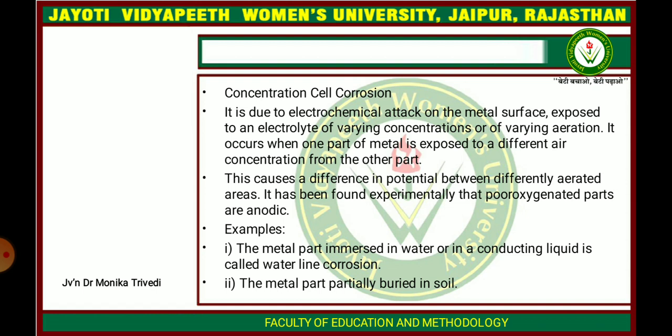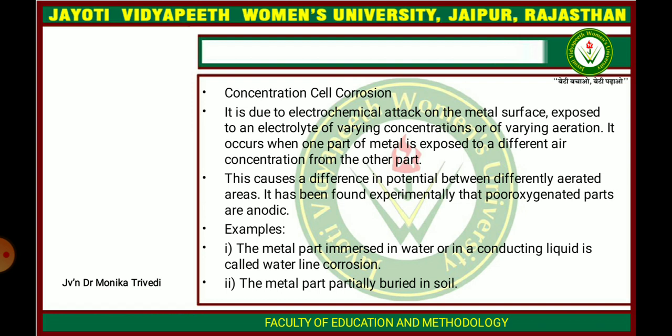This causes a difference in potential between differently aerated areas. It has been found experimentally that the poorly oxygenated parts are anodic. For example, a metal part immersed in water or in a conducting liquid is called water line corrosion.